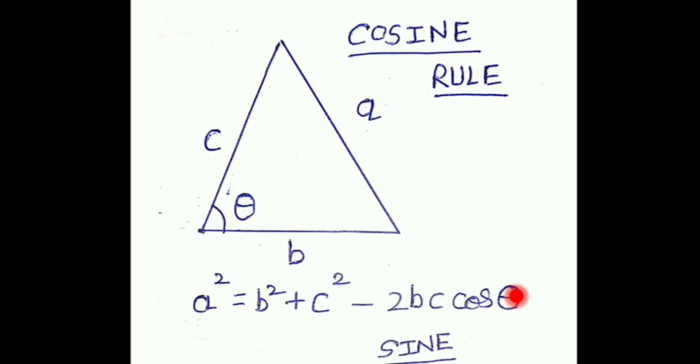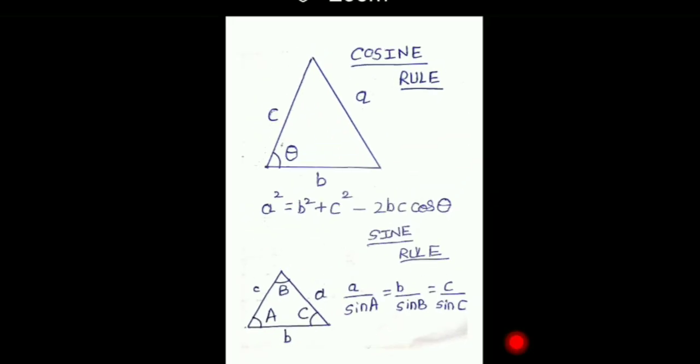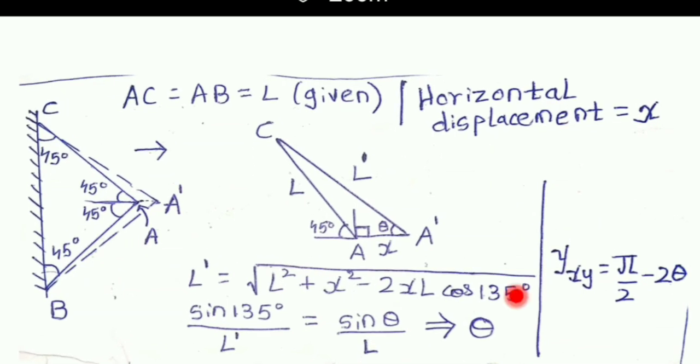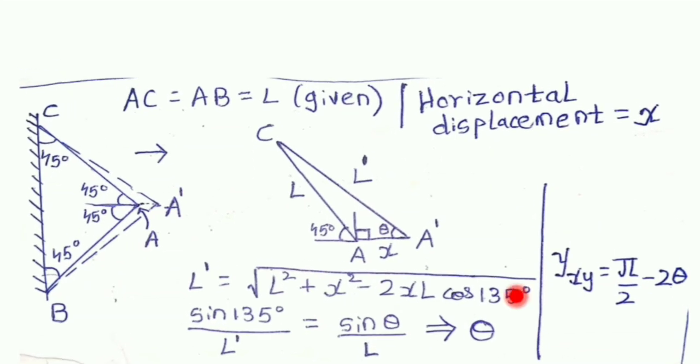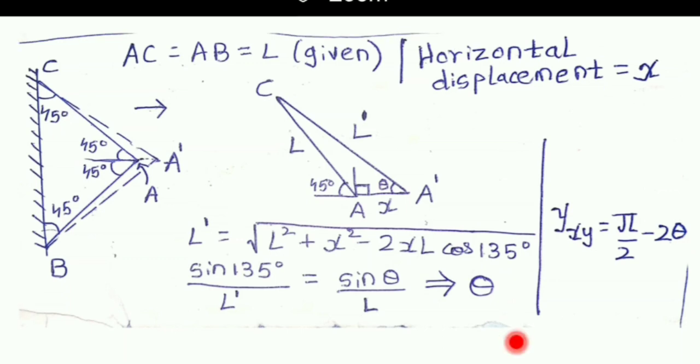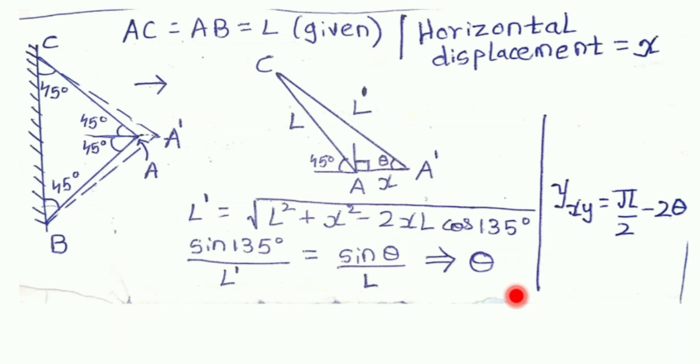Okay, let's move on to the next. So this is a rectangular plate or something, whatever you call it, and we are stretching it in this direction, the x direction, and so a dash is formed.